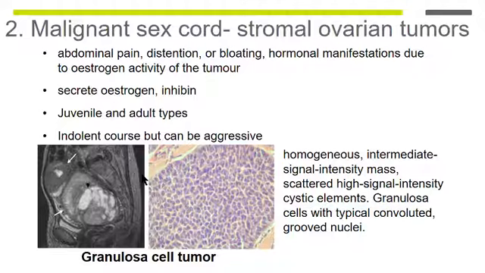So the second category is the malignant sex cord-stromal tumors, and here we have the granulosa cell tumors. Just like the thecomas, they have an intermediate, homogeneous signal intensity with lakes of high signal cystic areas within them. So just think of a thecoma and a granulosa cell tumor as being in the same spectrum, but the difference with the granulosa cell tumors, because they're malignant, is that they're multiple nodules, not solitary like a thecoma, and they can be really quite aggressive.